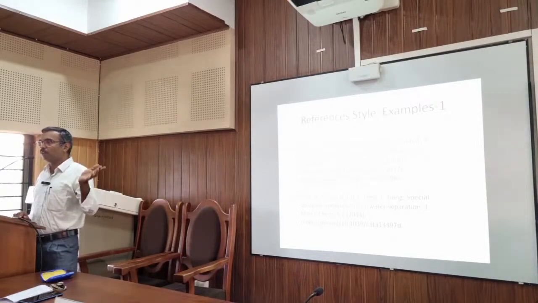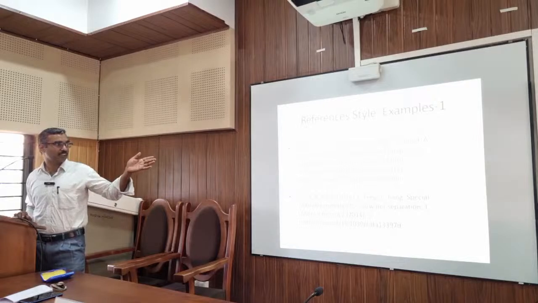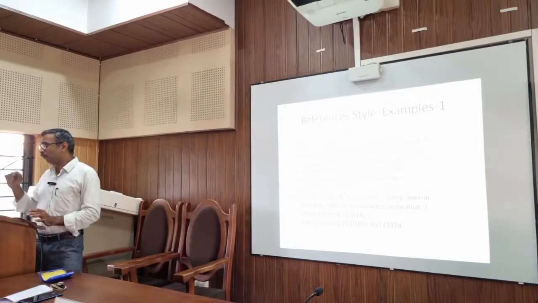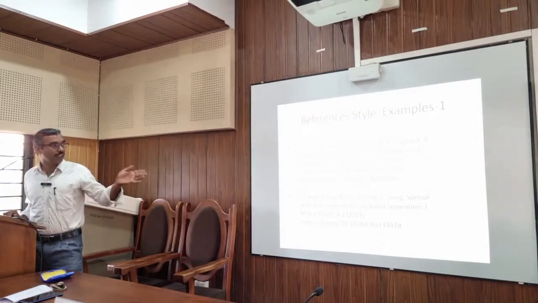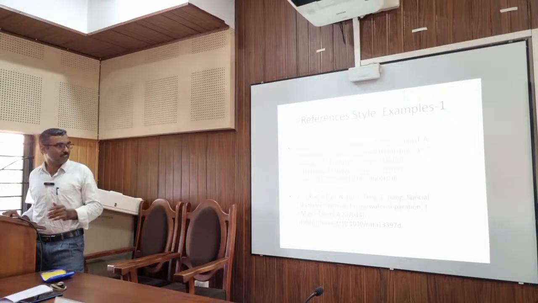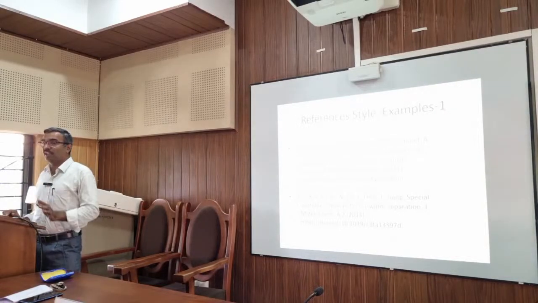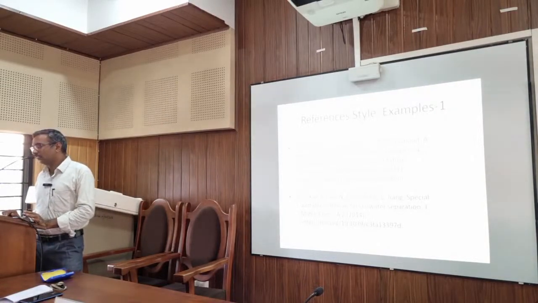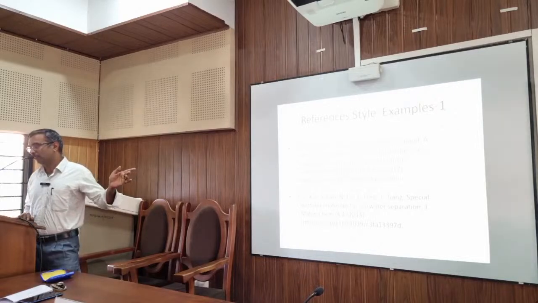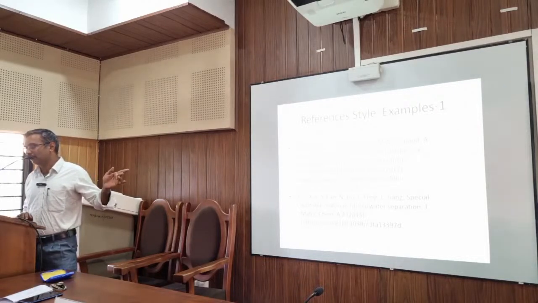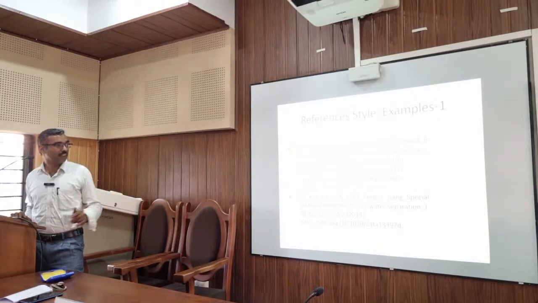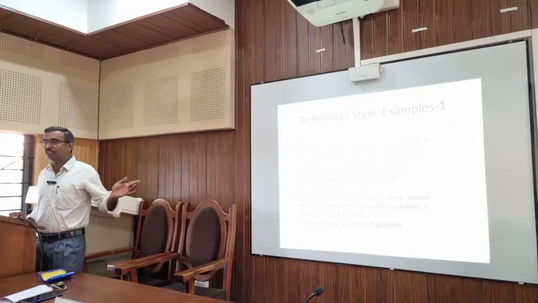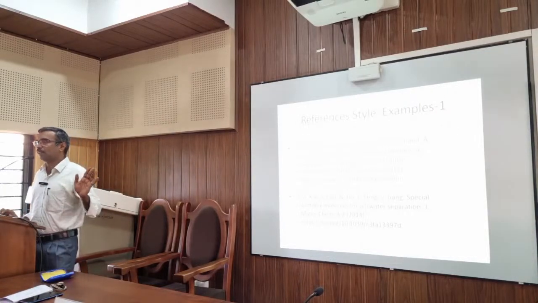If there are two or three or more authors, they are given separated by commas. Then the title of the paper, then the journal title. This first publication is published in the Journal of Materials Chemistry. Then the year, then a DOI. This is one example of a reference.